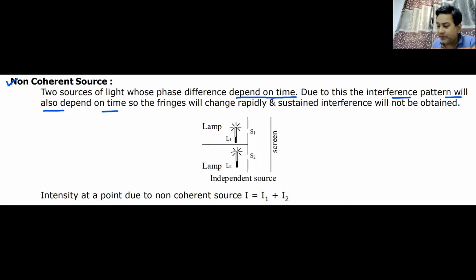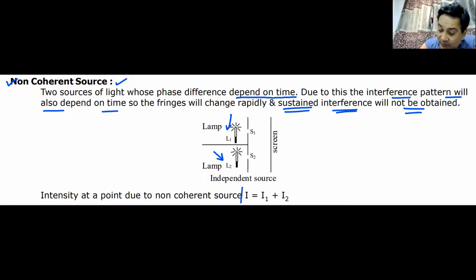So fringes will keep changing, and a sustained or consistent interference will not be formed. As you can see, there are two lamps here, L1 and L2. Two separate sources of light cannot produce coherent sources. They will always produce non-coherent sources. Do we understand this?